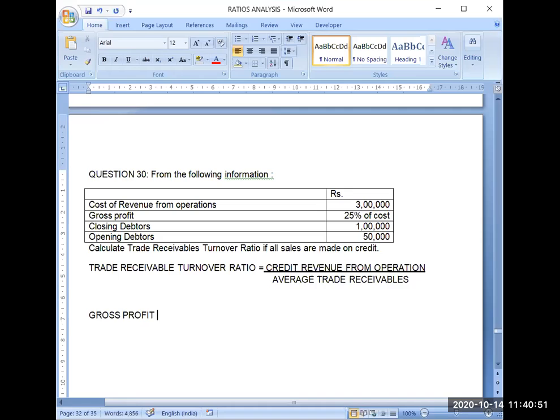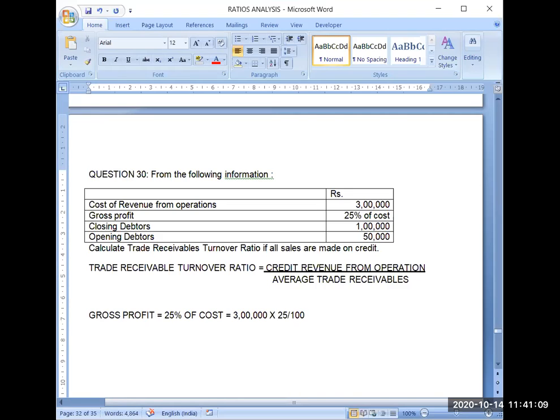Gross profit is equal to 25% of cost, which is 3 lakh multiplied by 25 upon 100.